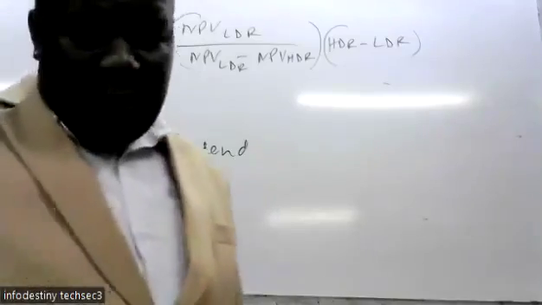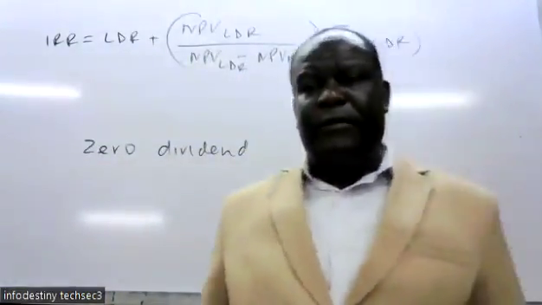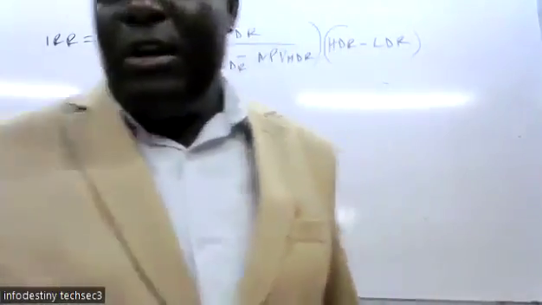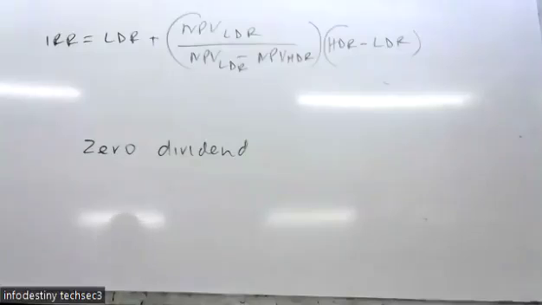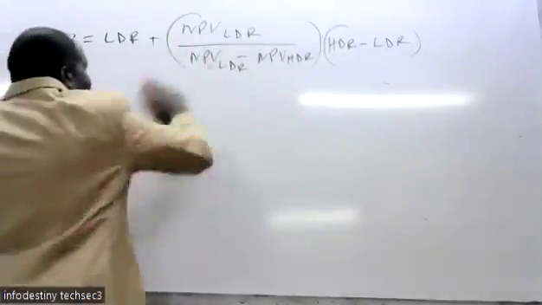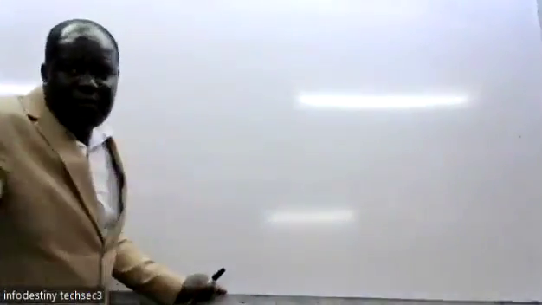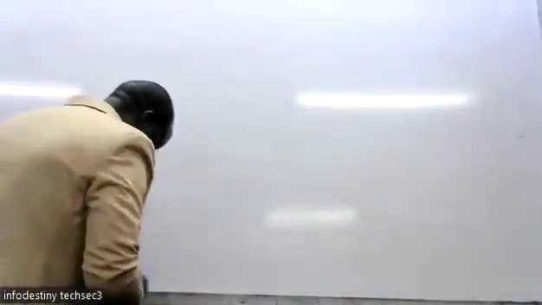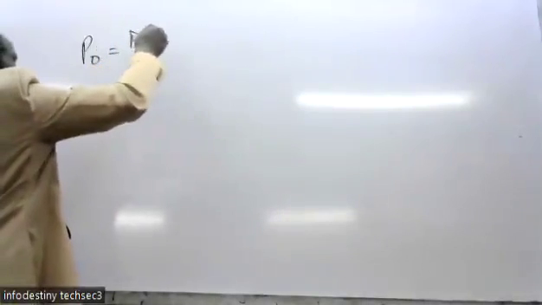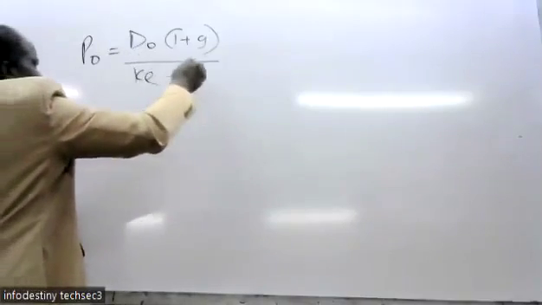So when you want to get the value of the security, to compute the value of the security, we shall be using P0. So P0, the value of the security, will be equal to D0(1 plus g) divided by Ke minus g.